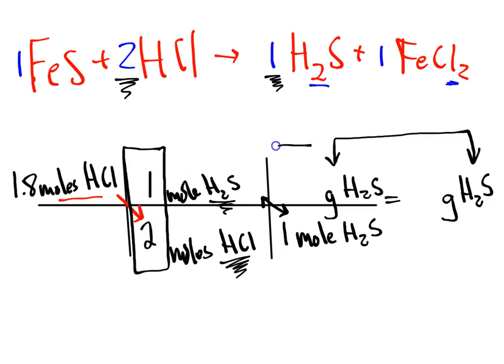And then the last value I need is the grams of H2S. To find the grams of H2S, I have 2 H's, and their mass is 1, plus 1 S, and its mass is 32. So that equals 34 grams. So that comes here.